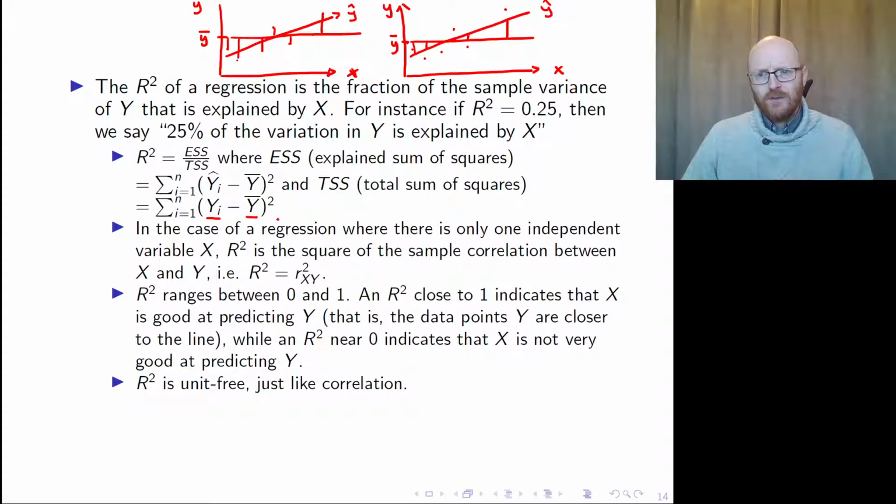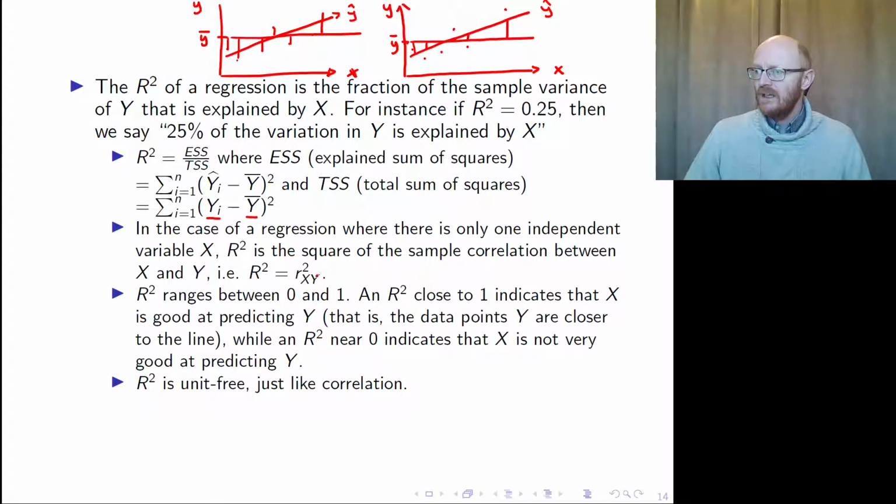Actually, the R squared is quite useful if you only have one x variable, because the R squared is then the square of the sample correlation between x and y.